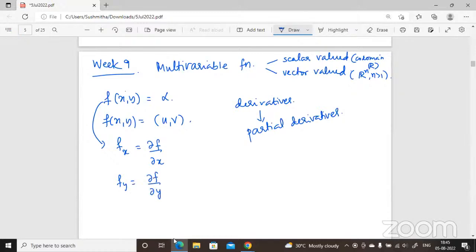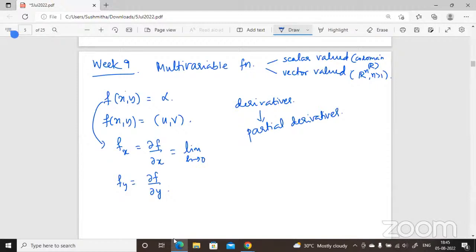If you differentiate with respect to x partially, it means you're keeping all other variables as constants and doing usual differentiation with respect to x alone. And the partial derivative with respect to y means you're keeping every other variable constant and differentiating with respect to y alone. So yeah, you know how to find the partial derivatives.